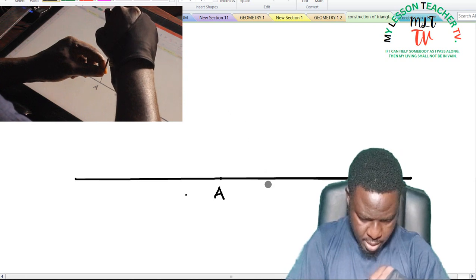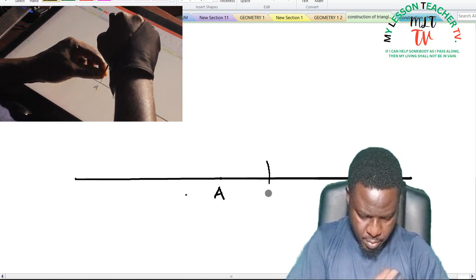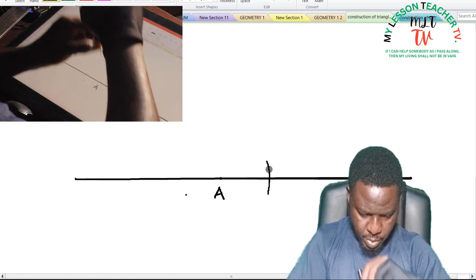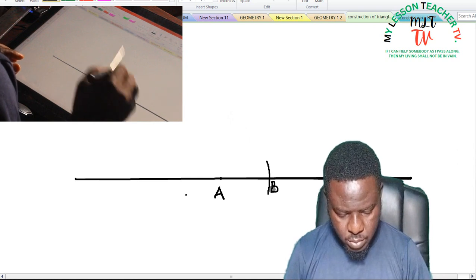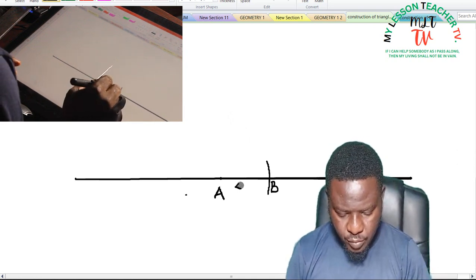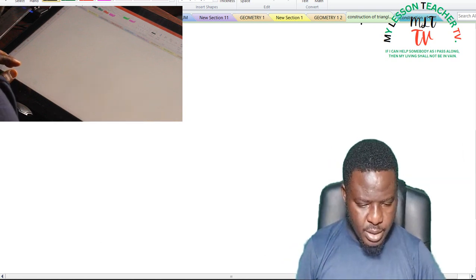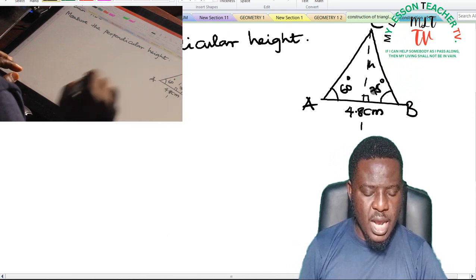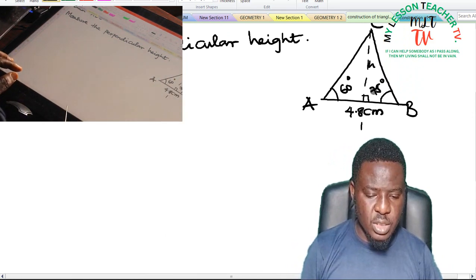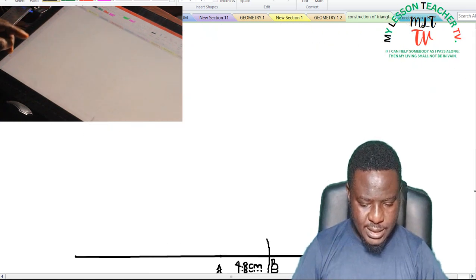You draw an arc to cut the line, and this gives us our point B. This is said to be 4.8 centimeters. Next is to construct angle 60 degrees and angle 75 degrees. Where both of them meet gives us our point C.